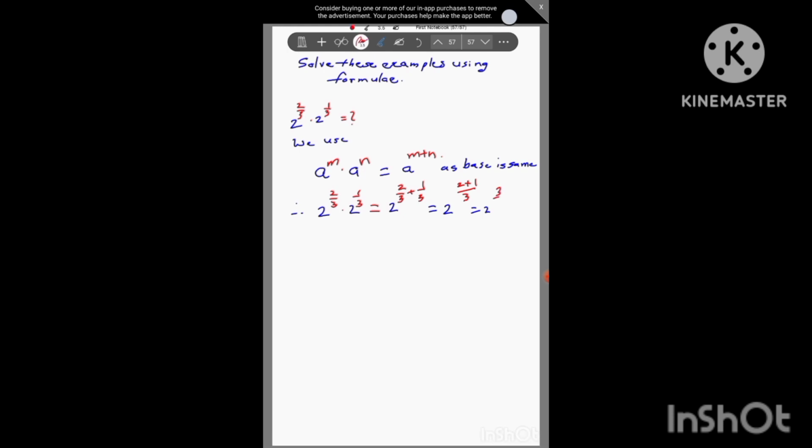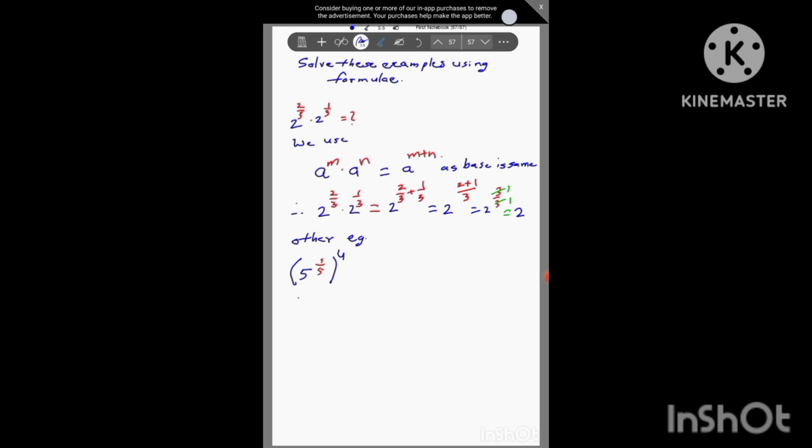It's very simple, but still you need to practice many examples. Just by looking at the example or the formula, you cannot use it. Okay, here we use another example, another formula: 5 raised to 1 upon 5 raised to 4.